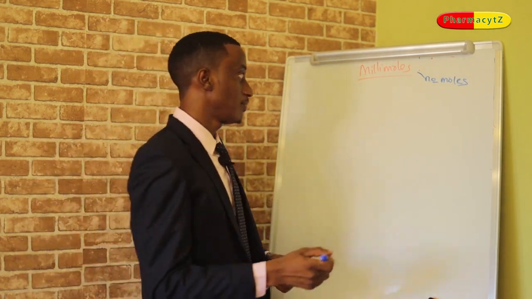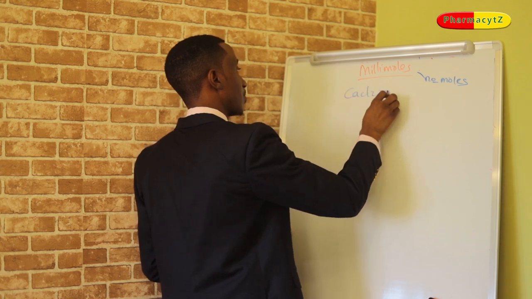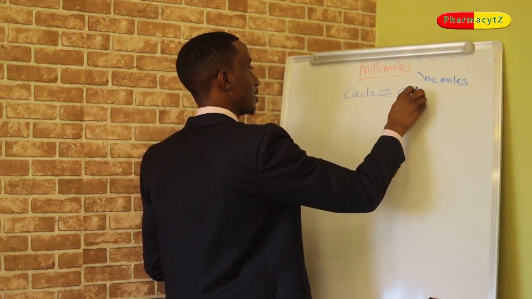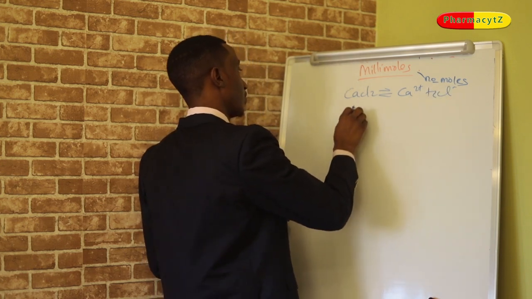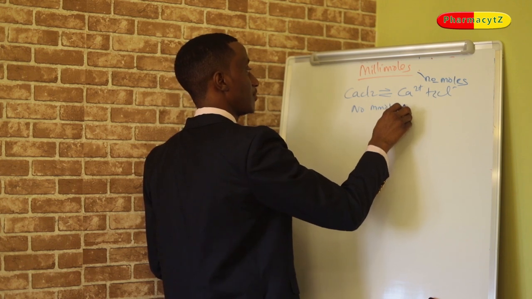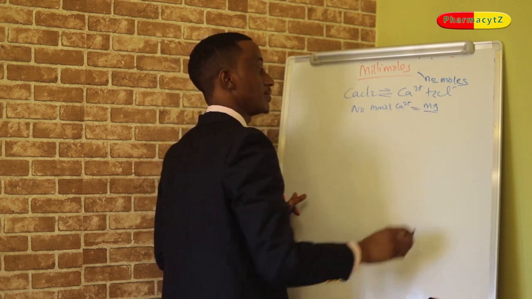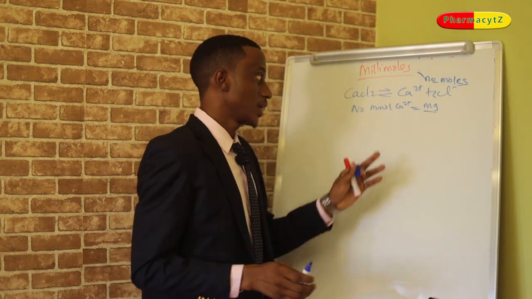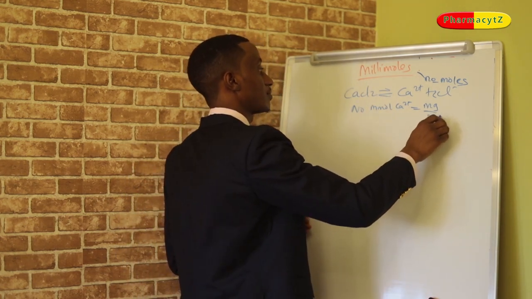So, as I said before, if for instance you have calcium chloride dissociating into calcium plus chlorine 2, then if you are looking for the number of millimoles of calcium, take the milligrams, meaning the total weight of the ion, and divide by the number of moles.